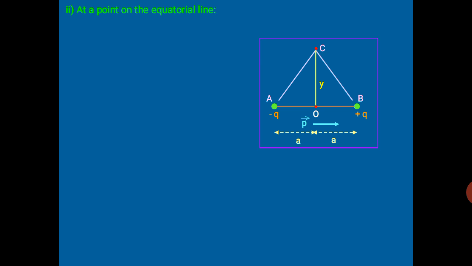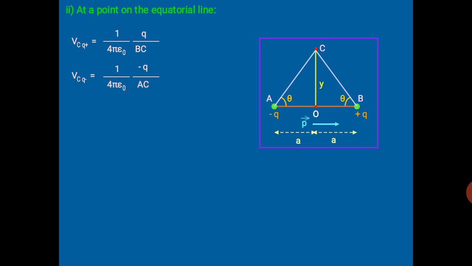So now our aim is to measure electric potential at C. That point C is on the equatorial line. Electric potential at C due to the positive charge is 1 upon 4 pi epsilon naught q divided by BC. Similarly, electric potential due to the negative charge is 1 upon 4 pi epsilon naught minus q divided by AC.